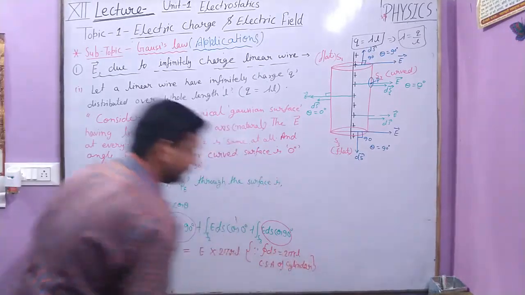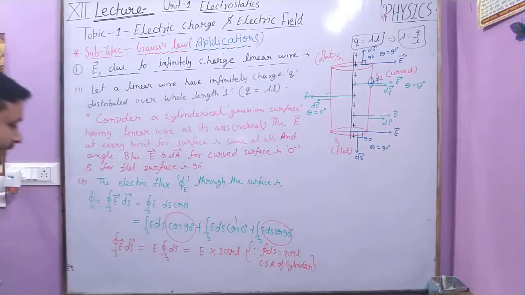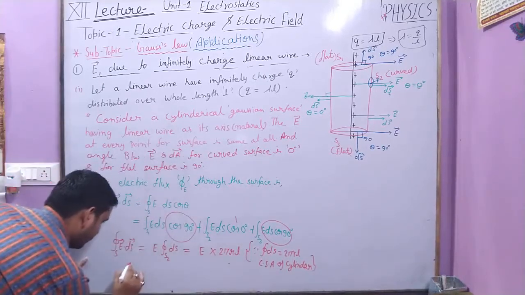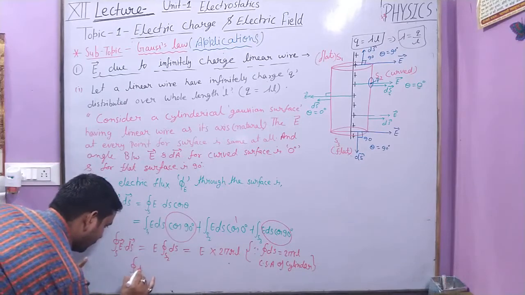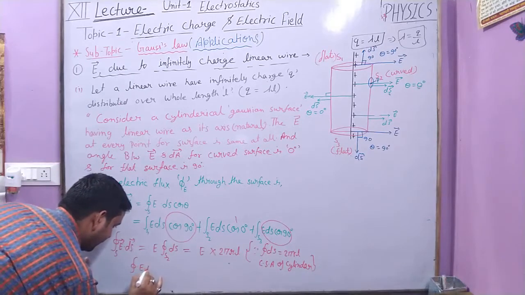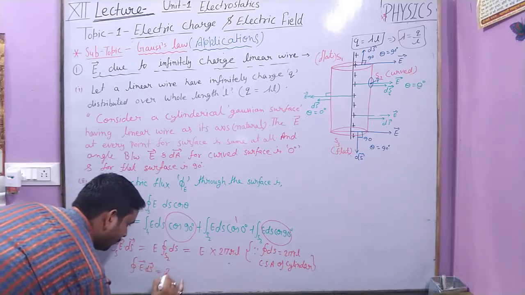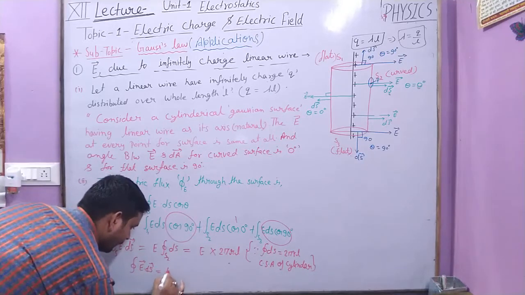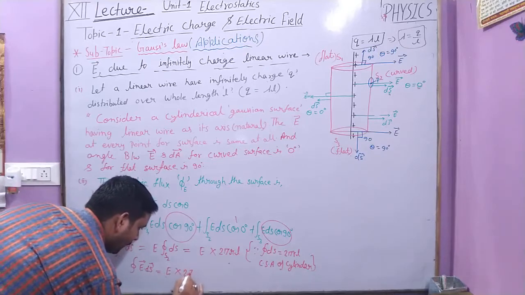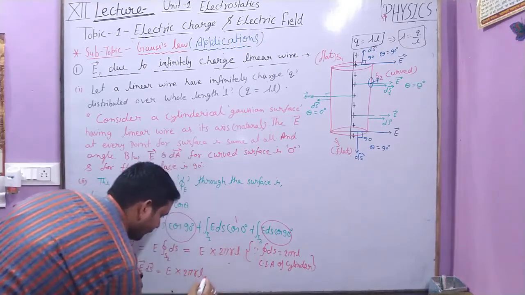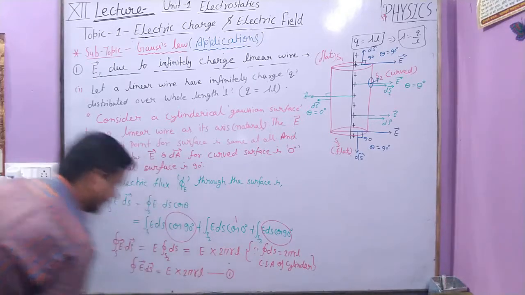Clear? This is your equation first: closed integral E ds is equal to E into 2 pi RL.